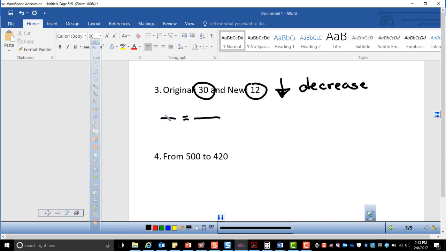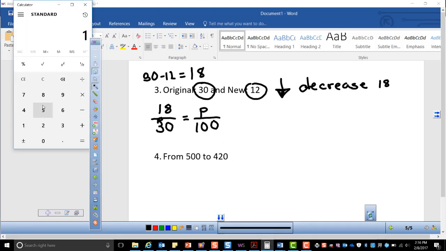Okay. And my original is on the bottom, so it's 30. 100 is always here. Now what is the difference or the change from 30 to 12? So let's see, 30 minus 12 is 18. So the change or the difference is 18. It went down by 18. And then the percent is what I'm going to look for. So now I get my calculator, 18 times 100.